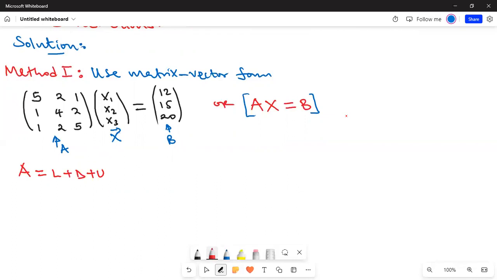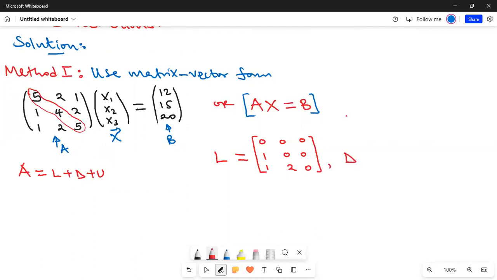So in this case, for our L, look at the diagonal of A. Anything on the diagonal or above the diagonal, you write 0. So we'll have 0, 0, 0, followed by 1, 0, 0, followed by 1, 2, 0. Our interest is the elements below the diagonal.